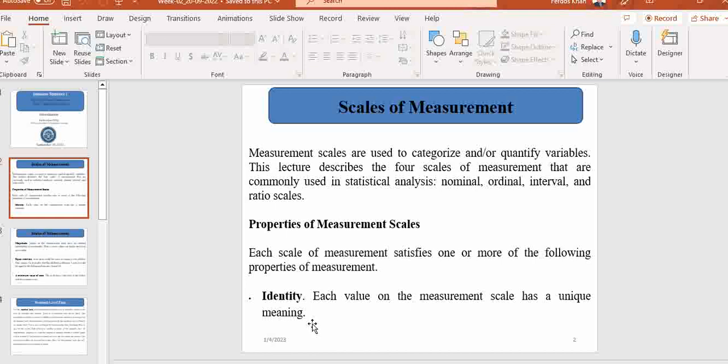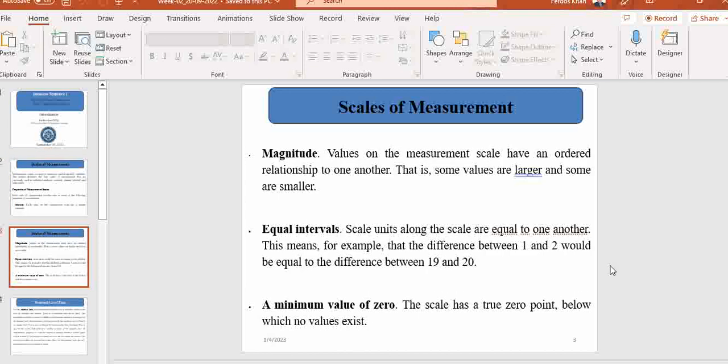The first is identity. Each value on the measurement scale has a unique meaning. Magnitude: the values of the measurement scale have an order relationship to one another. That is, some values are larger and some are smaller. Equal interval: scale units along the scale are equal to one another.